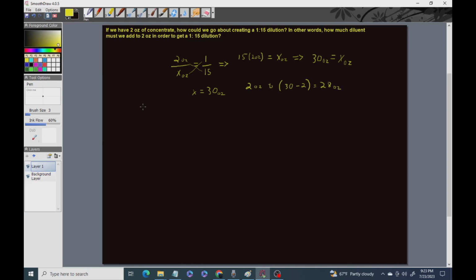So in summary, you add 2 ounces to 28 ounces in order to get 30 ounces of a 1:15 dilution.